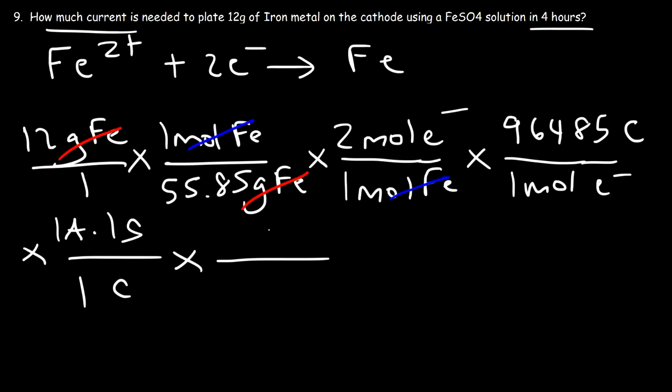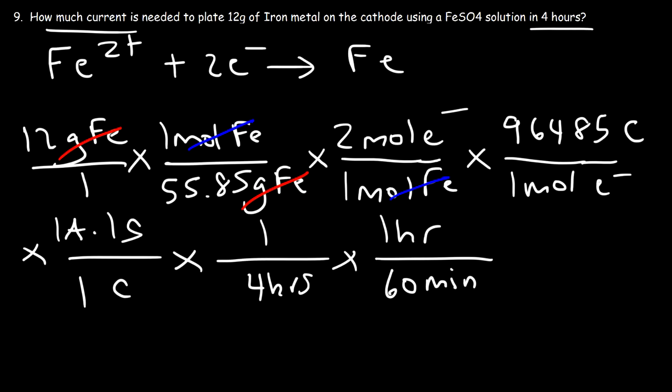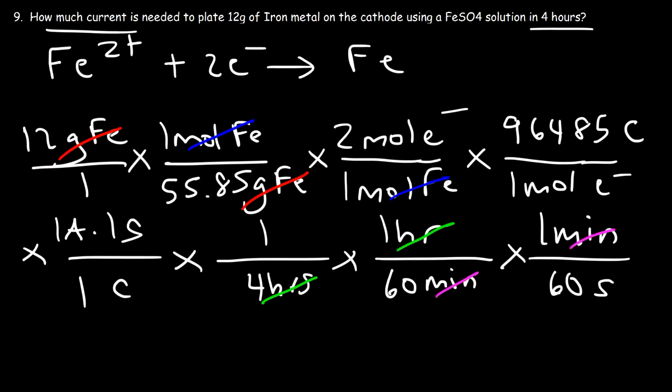So first, let's divide by the number of hours, and then convert hours into seconds. So 1 hour is equal to 60 minutes, and 1 minute is equal to 60 seconds. So we could see that the unit hours cancel, and the unit minutes cancel. And so the unit seconds will now cancel as well.